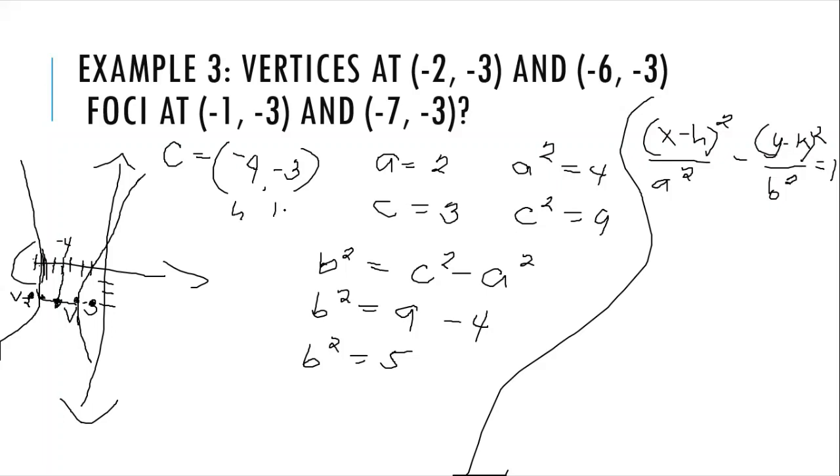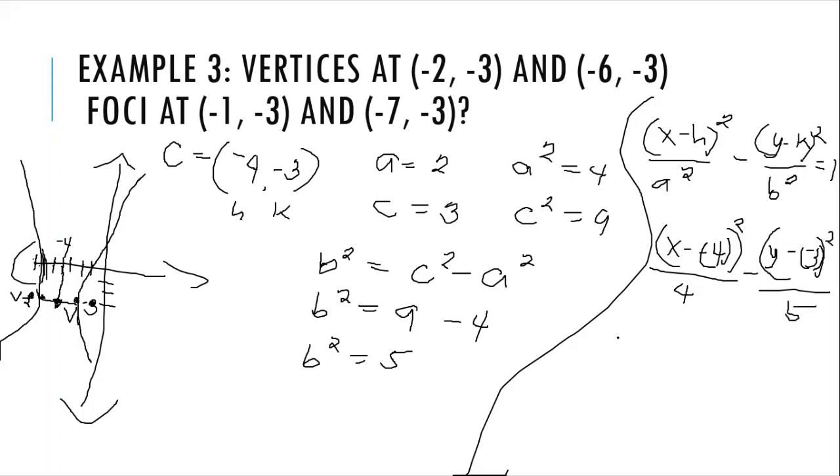This is our h, this is our k. X minus h, which is negative 4, quantity squared over a, which is 4, minus y minus our k, which is negative 3, quantity squared over our b squared, which is 5.